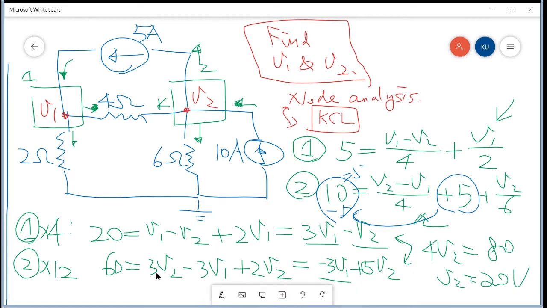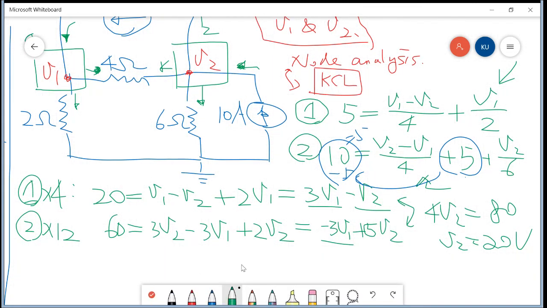So finally, using this one, V2 should be equal to 3V1 minus 20. Okay, so we should find V1. So we move V1 to the left hand side.